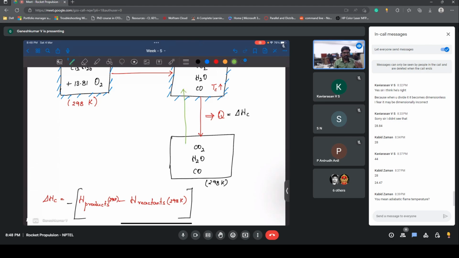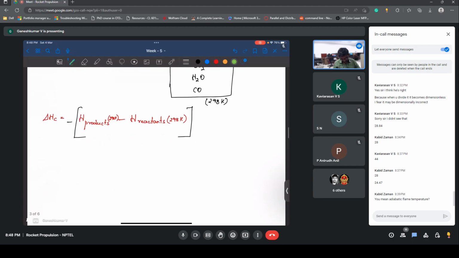But now this heat is only added to increase the sensible enthalpy. So here, if you look at it, it's at 298 Kelvin, right? So these are formation enthalpies. Formation enthalpy of products minus H of formation of reactants actually tells the measure of how much chemical energy we have in this system.